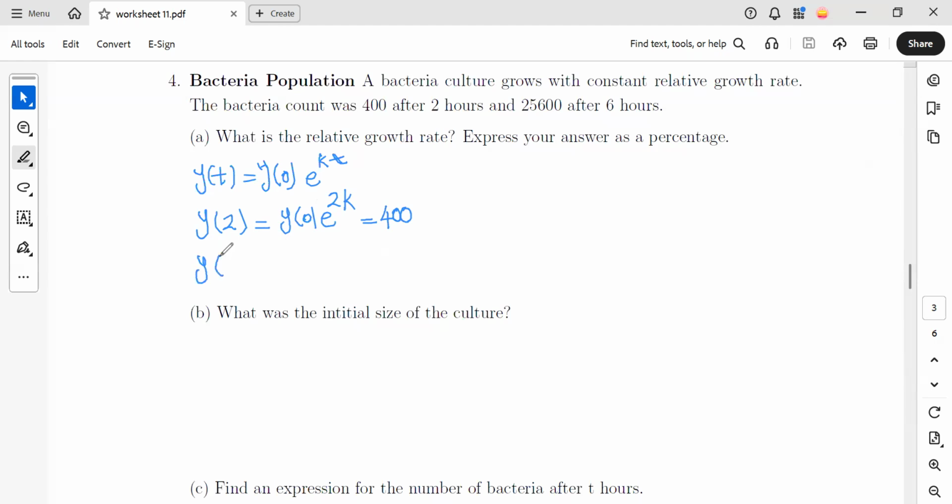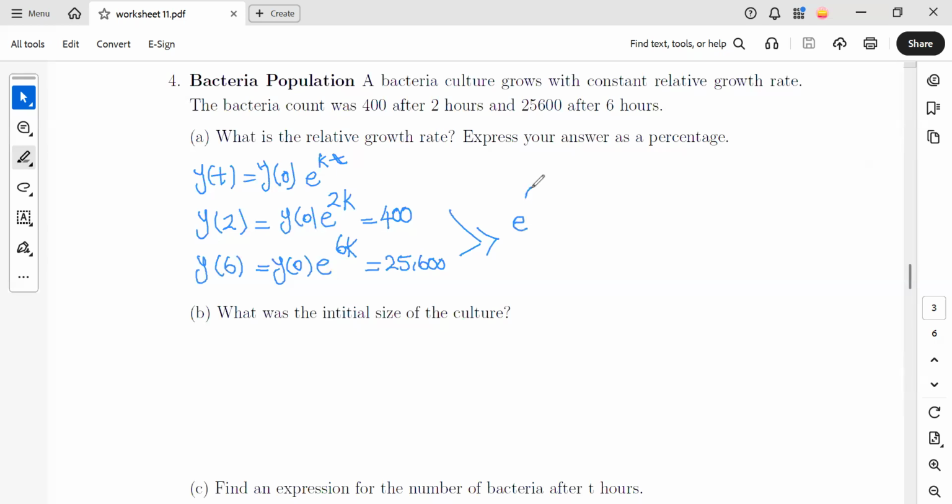Also, we know that y of 6 is y of 0 times e to the power 6k, which is 25,600. We can divide these two equations to get rid of y sub 0, which we don't have yet, and using the power rule for same bases, if we divide them, we would subtract the powers.